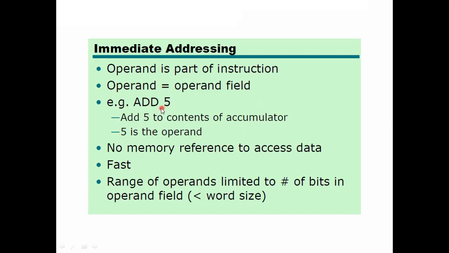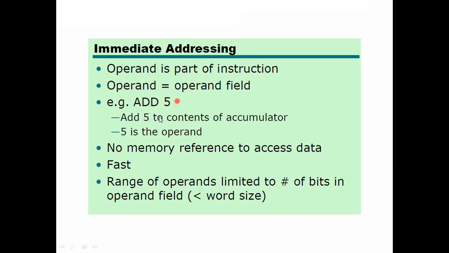ADD 5 means the constant 5 is added to the contents of the accumulator, and the result will be present in the accumulator. Since a constant is taken in the instruction as an operand, it belongs to immediate addressing mode.